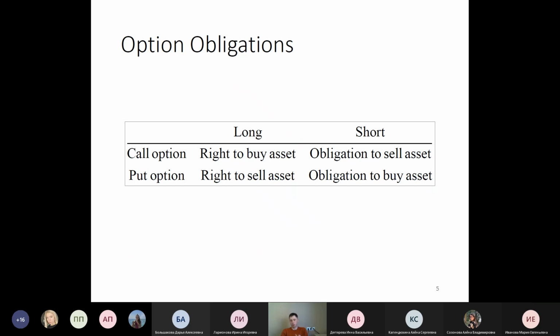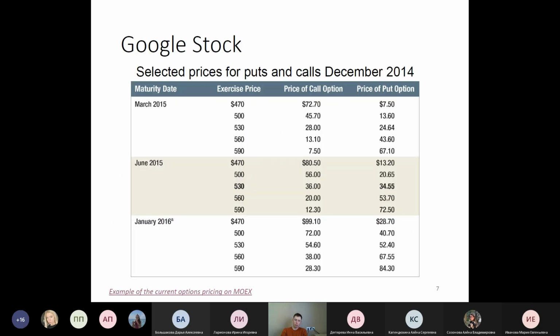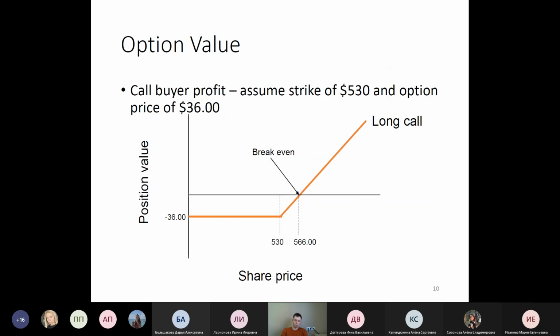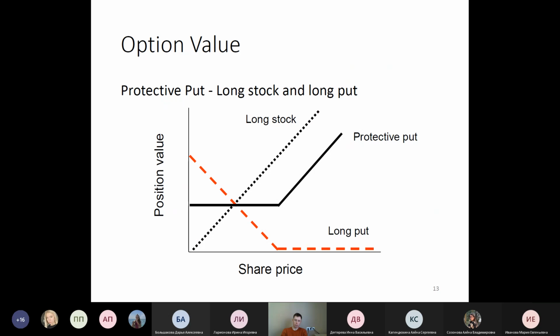So if someone has a right, another side of the agreement would have an obligation to do this. Most of the time in this class we spent discussing the strategies of option price estimation. And we discussed that we can replicate an option with alternative financing, a combination of some financing tools, for example, borrowing money, going short on some assets, lending money, buying long some assets.